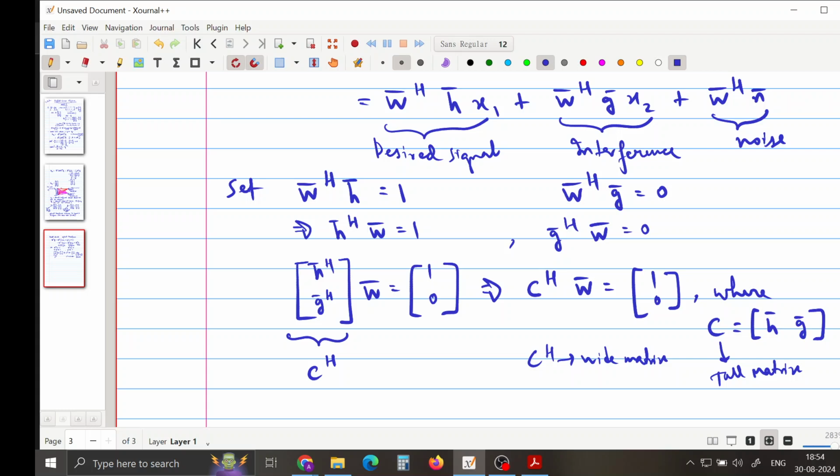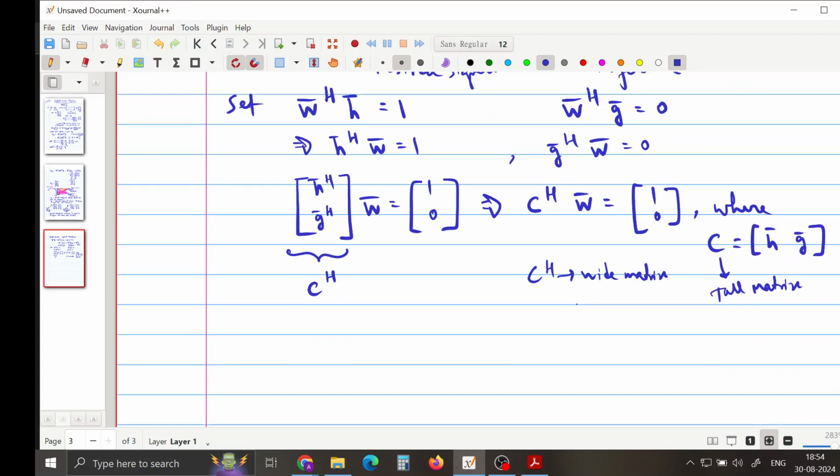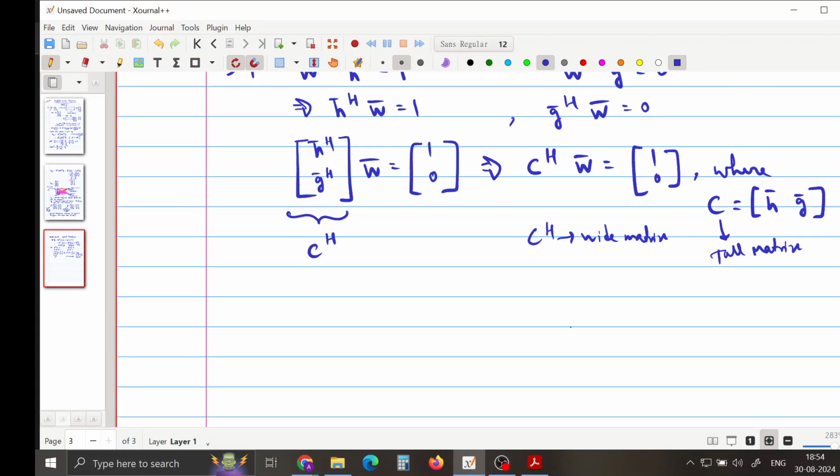Remember the first problem that we discussed? The solution is given by the least norm solution, which was basically w bar equals C into C Hermitian C whole inverse times this vector. This was the solution.